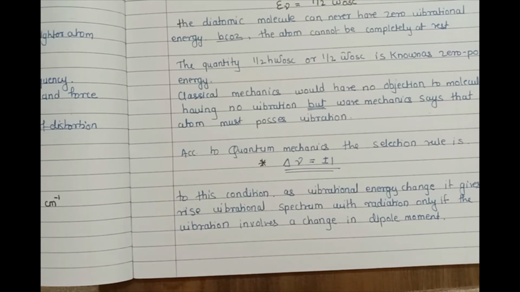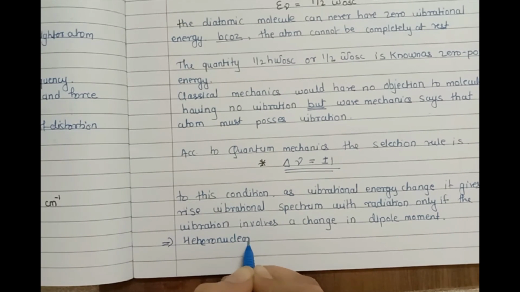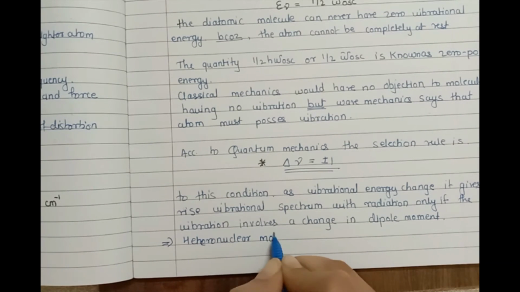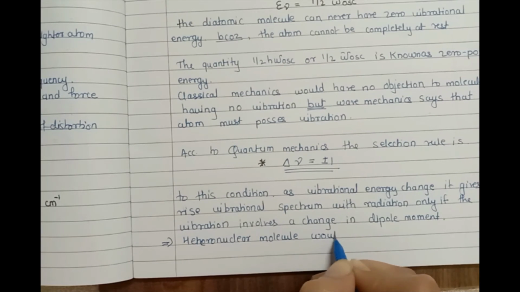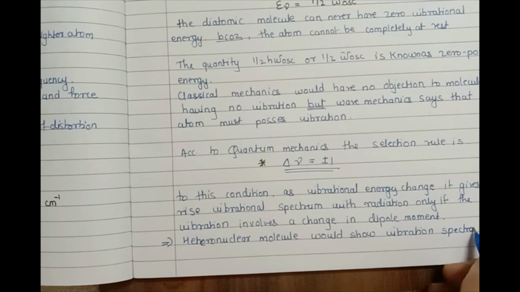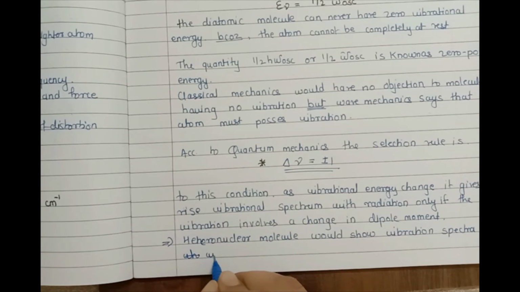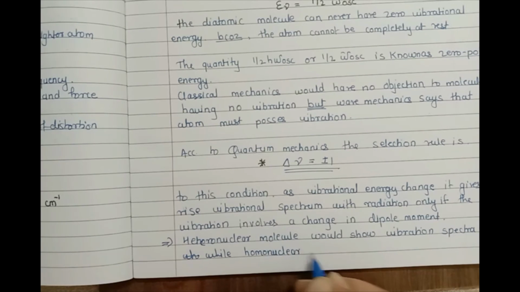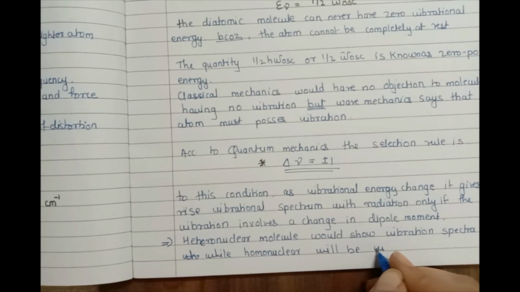So here I can write that heteronuclear atom or molecule would show the vibration spectra, while homonuclear, it cannot be a molecule, it can be an element, will be IR inactive. Is it okay?